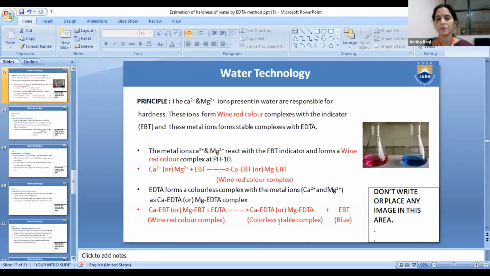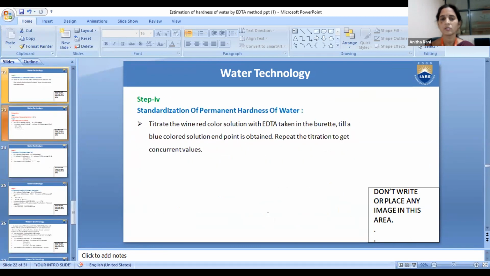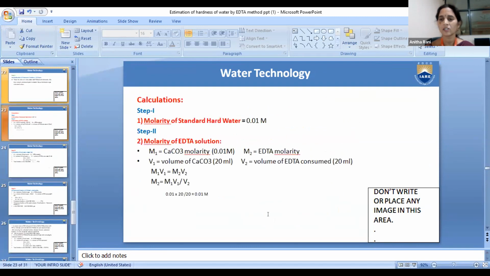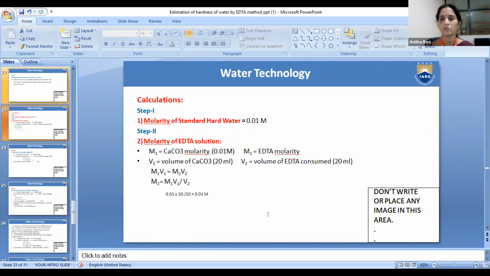So first is the principle: formation of a colorless stable complex, calcium EDTA or magnesium EDTA complex. So this is the procedure, 4 steps. Step 1 is the molarity of standard hard water.